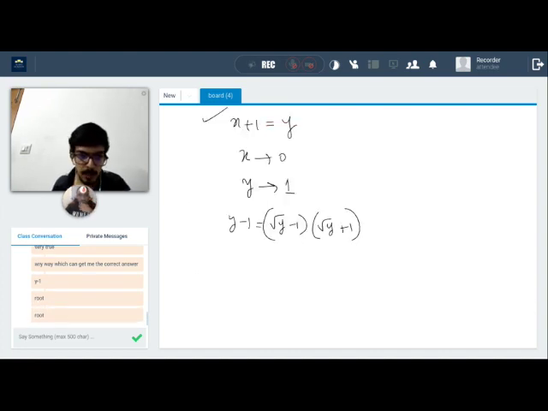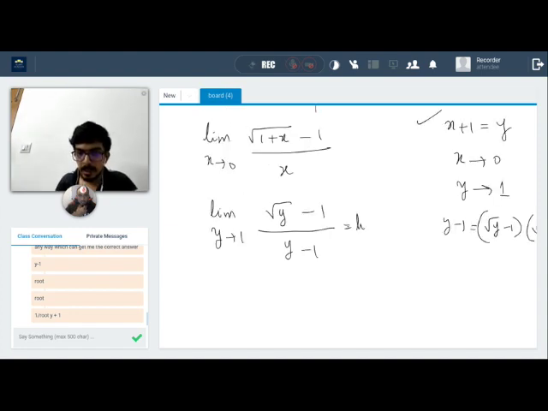So root y minus 1 can be cancelled off. That is one way of doing it. This can simply be written as limit y tends to 1 by root y plus 1. Now when you put y equal to 1, you have the answer 1 by 2.